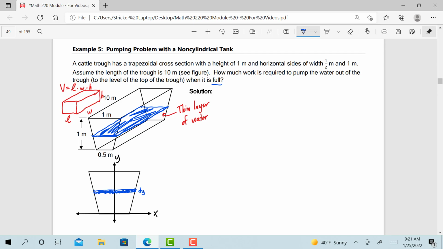That is that length dimension that we need, right? We need to know the length of this thin layer of water. And the problem, and this is why we need the calculus, is that the width of this blue section we have here changes as the layers go up or down in height, right? Because the trough widens as it gets closer to the top. And it's going to change according to basically this side line over here, right?